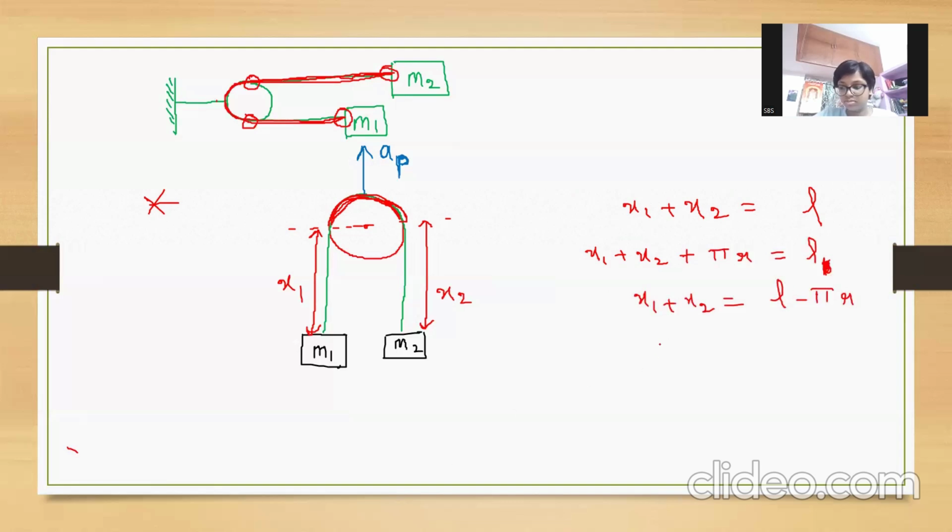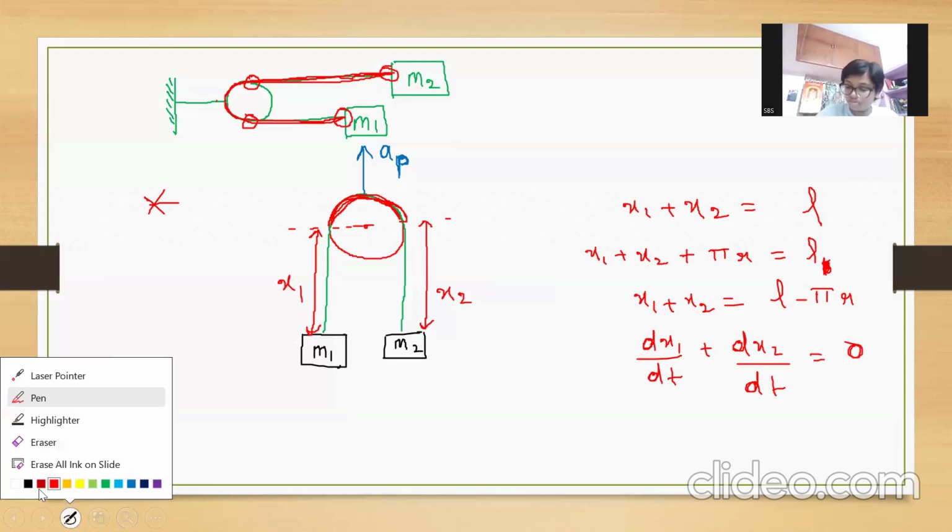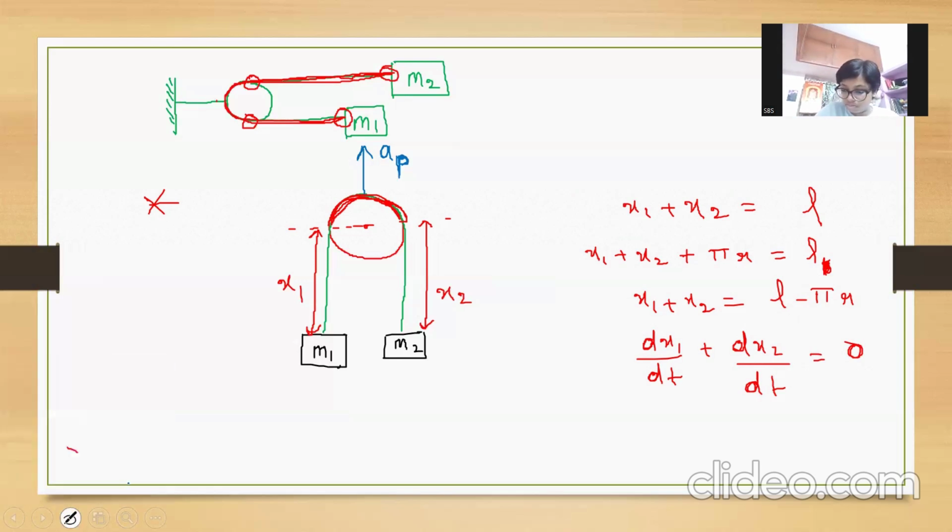See, now if you differentiate both sides, dx1 by dt, dx2 by dt. Here also differentiate: string length is constant, pi r is constant, so it will be 0. Yes, sir. Clear? Now this dx1 by dt is very, very important. What is this dx1 by dt? It means the rate of change of this length x1, from this end to this end.